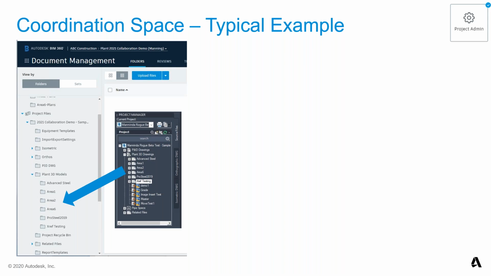So in this case, collaboration for Plant 3D will create the corresponding folders in the BIM 360 docs section under the projects files area of the BIM 360 project. So when you upload a Plant 3D project to BIM 360, you'll see exactly the same folder structure as when you shared the project in BIM 360, and we can use these files to actually coordinate if we want to.